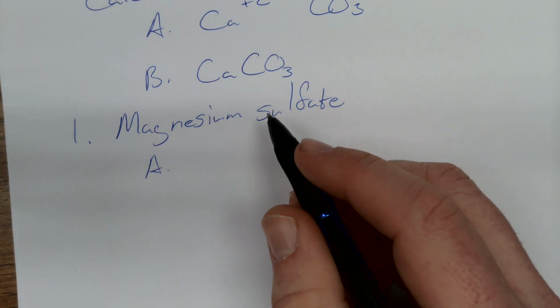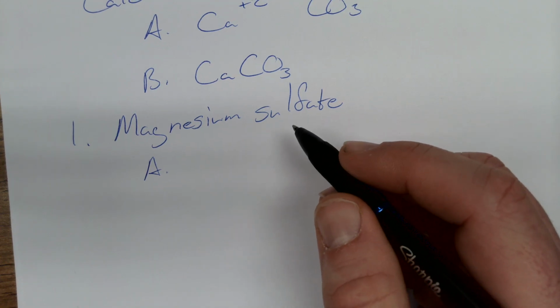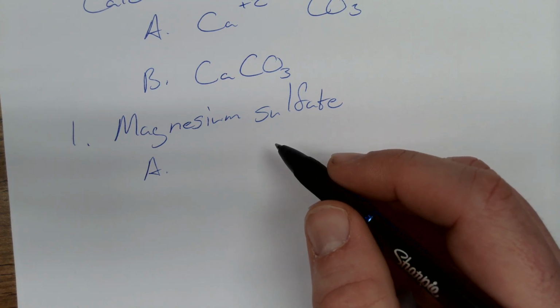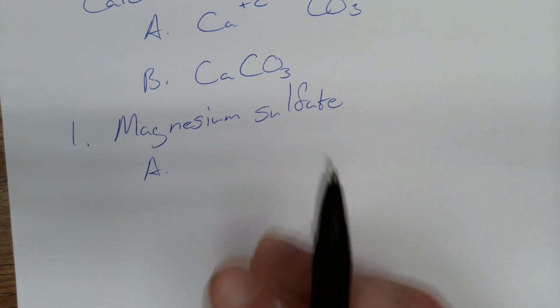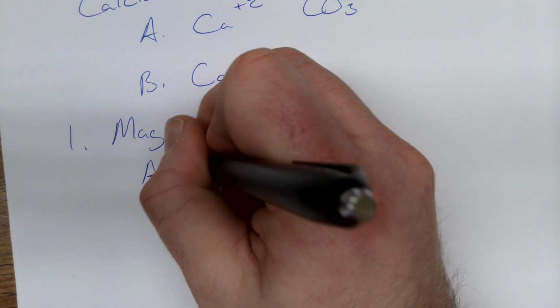It's magnesium, so what's the symbol going to be? Someone other than Sandy. Sandy's killing it right now. Let's go. Abigail, what's my cation going to be? Give me the symbol and charge. Mg plus 2. Great job.